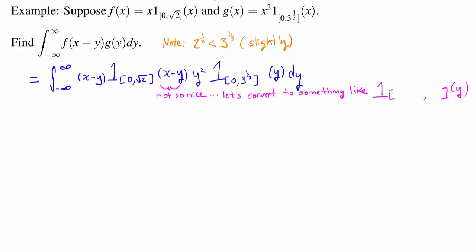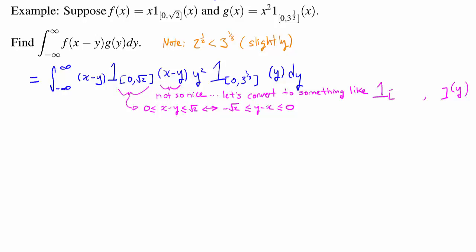But that's easy to obtain because if we look at this indicator function, it's 1 when 0 is less than or equal to x - y, and it's also less than or equal to root 2. And so we can just multiply through by minus 1 and we get that this condition is the same as -root 2 being less than or equal to y - x, and that being less than or equal to 0.